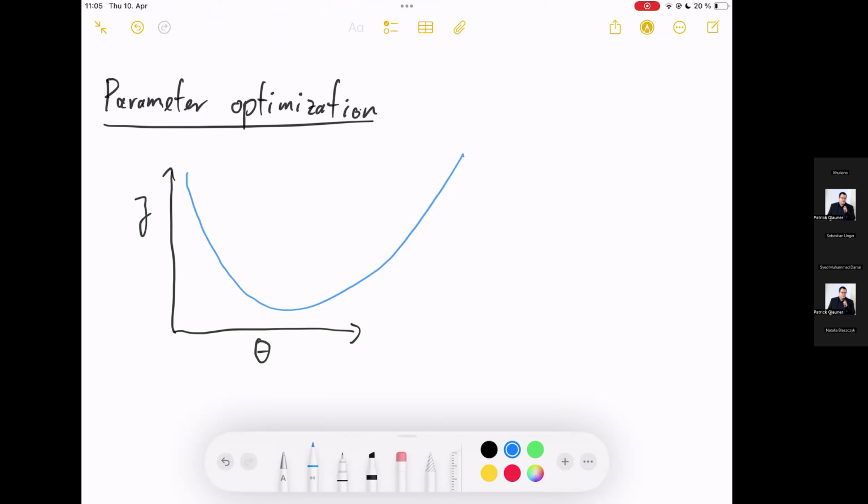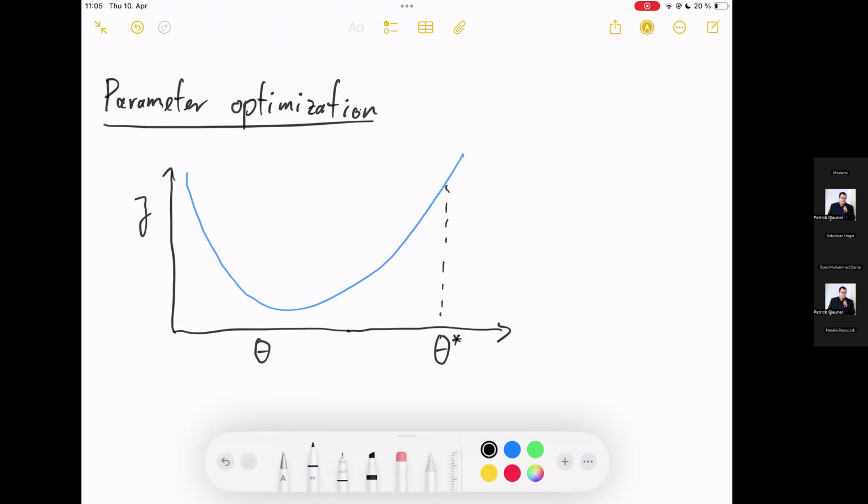So I'm starting with some initial weight value. Let's say I'm starting with theta star, the initial weight, which could be zero or a random value, whatever.